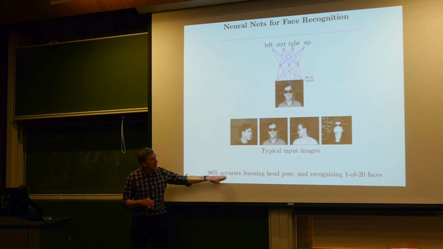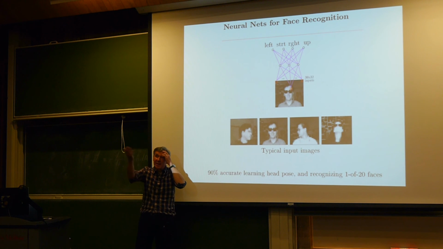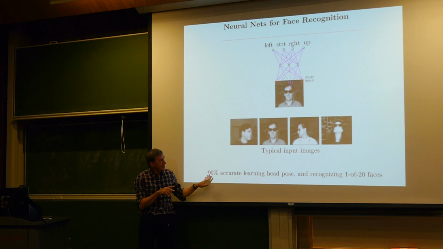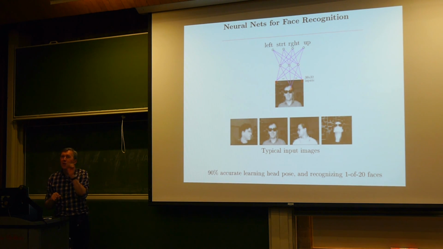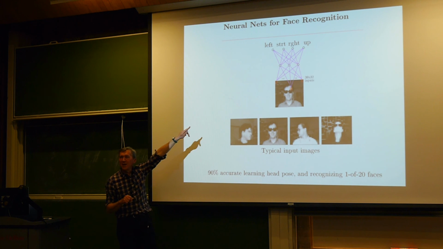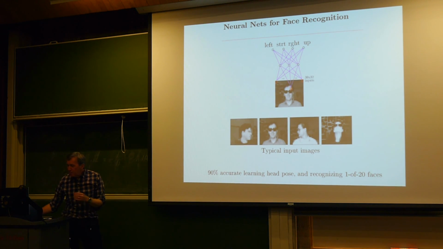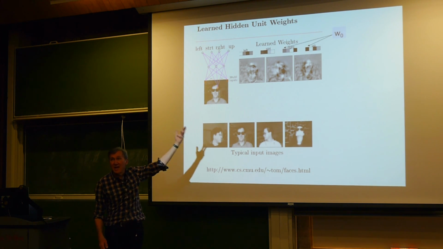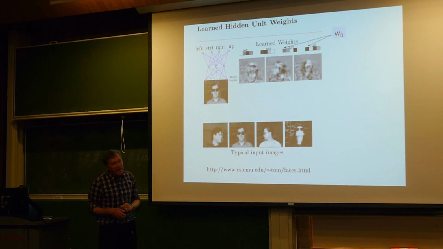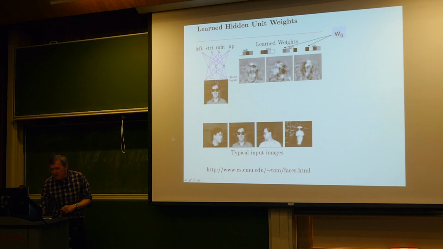You can train this network with backpropagation, the algorithm we talked about, and it will do quite well. But now, what is the code that you think gets learned there in the middle? We can visualize this code by looking at the hidden units. Let's look at this hidden unit.